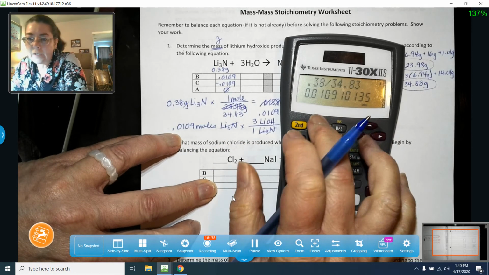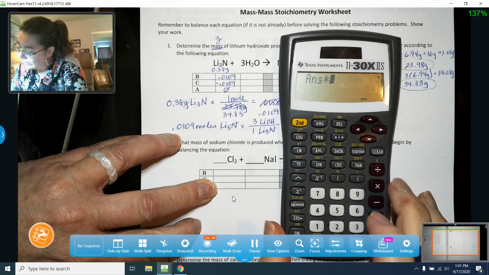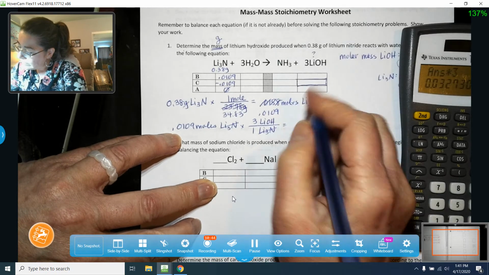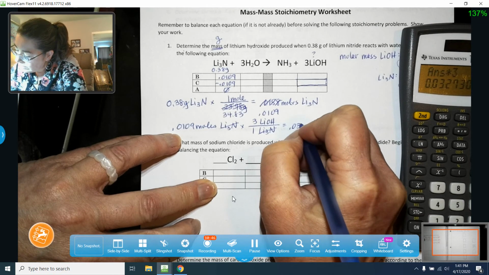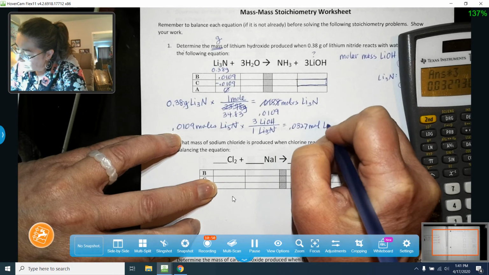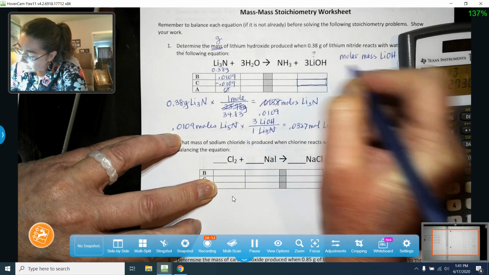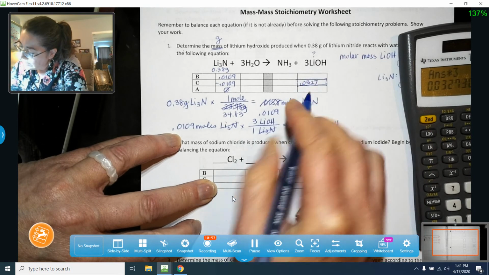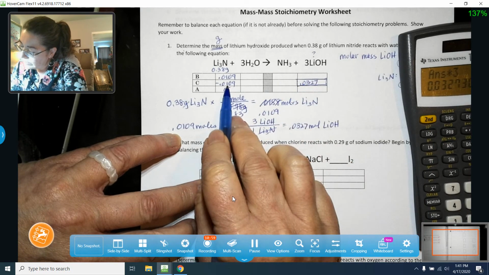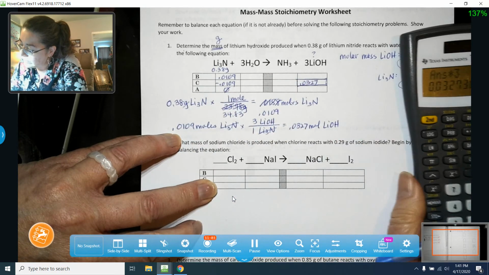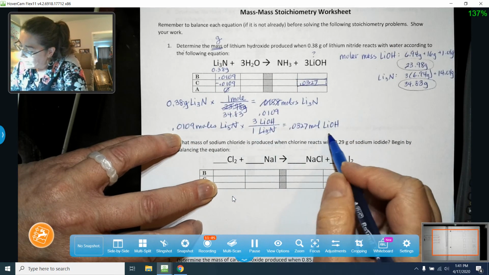I already have that in my calculator. Times 3, and I get 0.0327 moles of LiOH. Okay, 0.0327. It's a 3-to-1 ratio. Okay, this is 3 times more than that, right? Just like 3 times more than that in the formula in the equation.